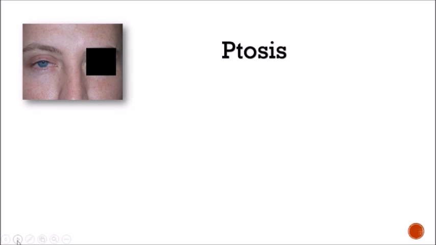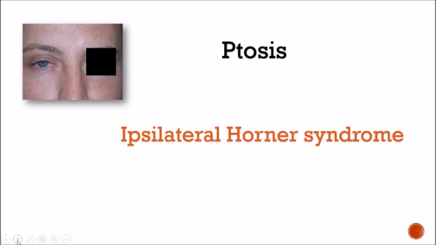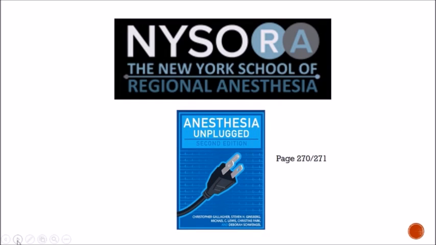And finally, if the patient has some eye symptoms, like ptosis of the eyelid, a constricted pupil, or a red eye, just remember that this also happens with the interscalene block, on the same side as the block. This topic came from the famous website NYSORA, and from the book Anesthesia Unplugged, pages 270 and 271.